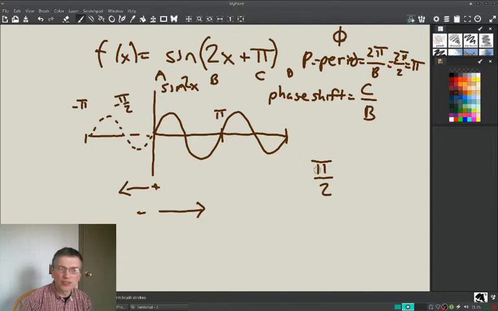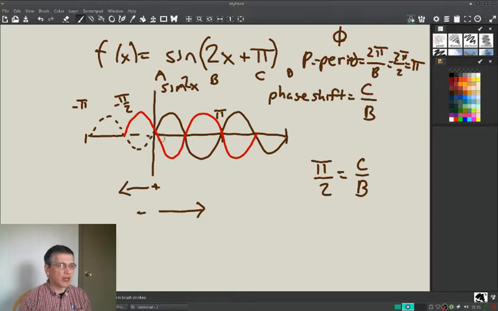Alright, the phase shift is positive pi over 2, which equals C over B. So this curve ends up being, we'll draw it as red, the same curve just pushed back. And it ends up like this. Alright? And it keeps going like that. So the same curve is just pushed back.